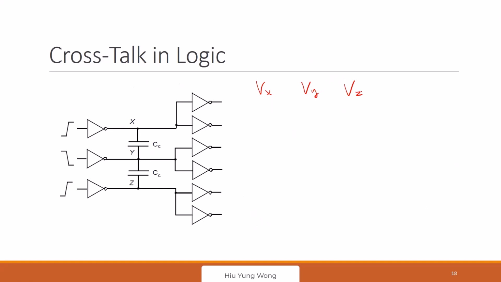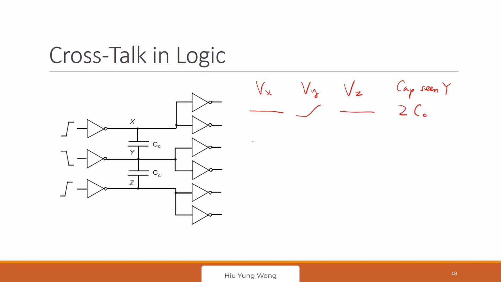Now look at what is the capacitance seen by Y? If Vx is flat, Vc is flat, and Vy goes up, with ground at X, Y, and Z, then of course I will see 2Cc, because they are all grounded, so I do see two capacitors.